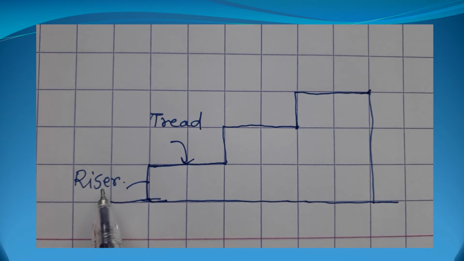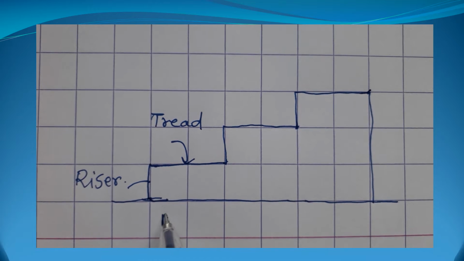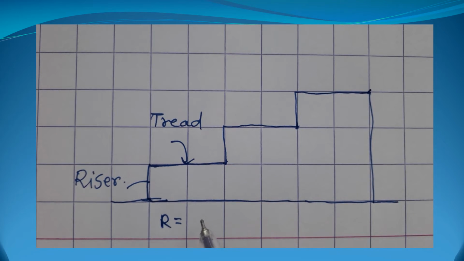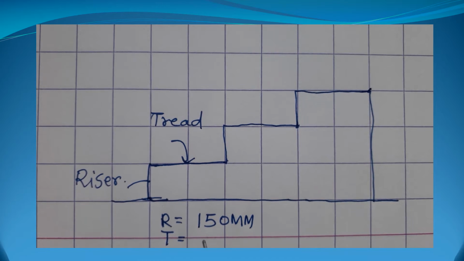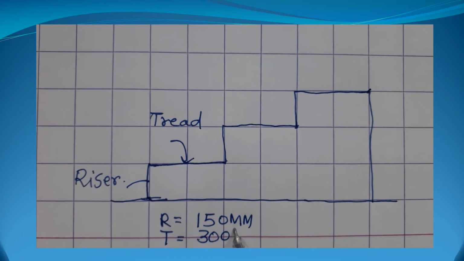Now considering the riser dimension, the riser for public buildings is 150 mm and the tread is 300 mm.